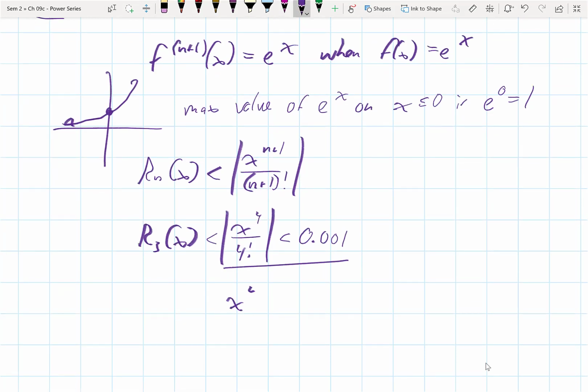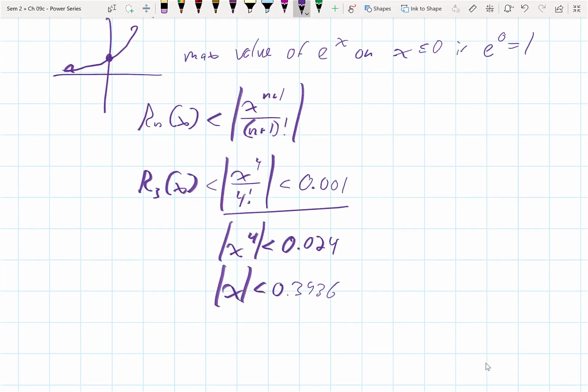Let's multiply both sides by 4 factorial. 4 factorial is 24, so I get x to the fourth is less than 0.024. Then I take a fourth root of both sides. Remember, this is an absolute value, so I want to create a bound on what this could actually be. I'd want the absolute value of x to be less than the fourth root of 0.024, which is about 0.3936.